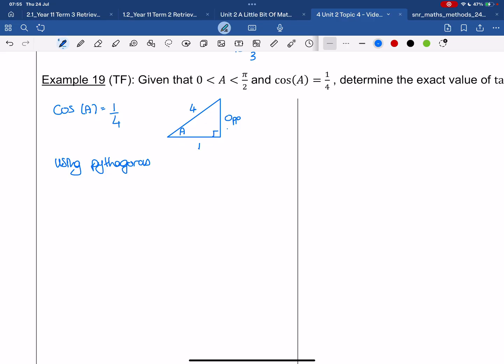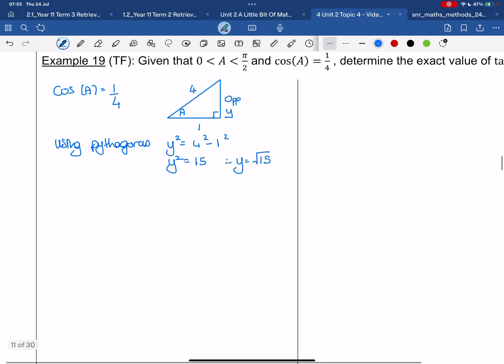Should we call that y? Y squared will be 4 squared minus 1 squared, and that's going to be 15. So y will be square root of 15.